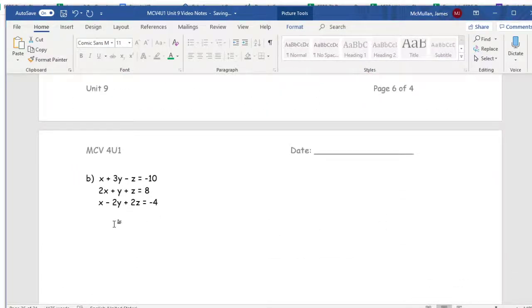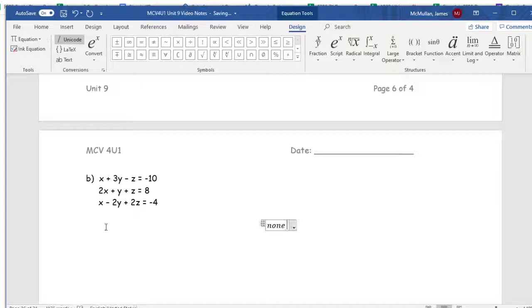Okay, another one. Looking at the normals, this one has a 1 on the x. This one has a 2 on the x. This has a 3 on the y and a 1 on the y. There's no way to turn a 1 into a 2 while also turning a 3 into a 1. So those two are not parallel. A 1 and a 1 is good, it should mean these are the exact same, but of course a 3y and a 2y are not the same.